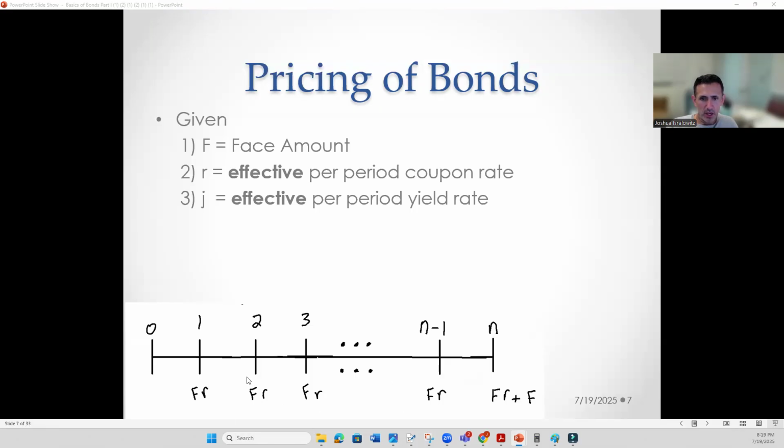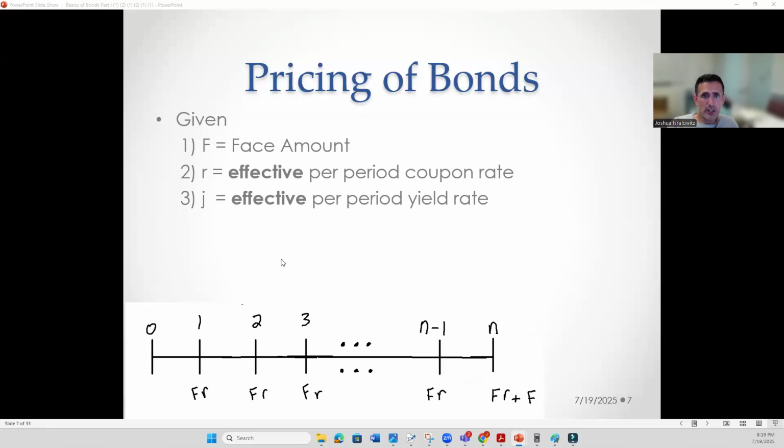If it's an end period bond, unless otherwise stated, N is going to be 6 month periods. So if I have an N period bond, I get F times R, where R is a decimal, every period, unless otherwise stated every 6 months. And then I get F back at the very end.